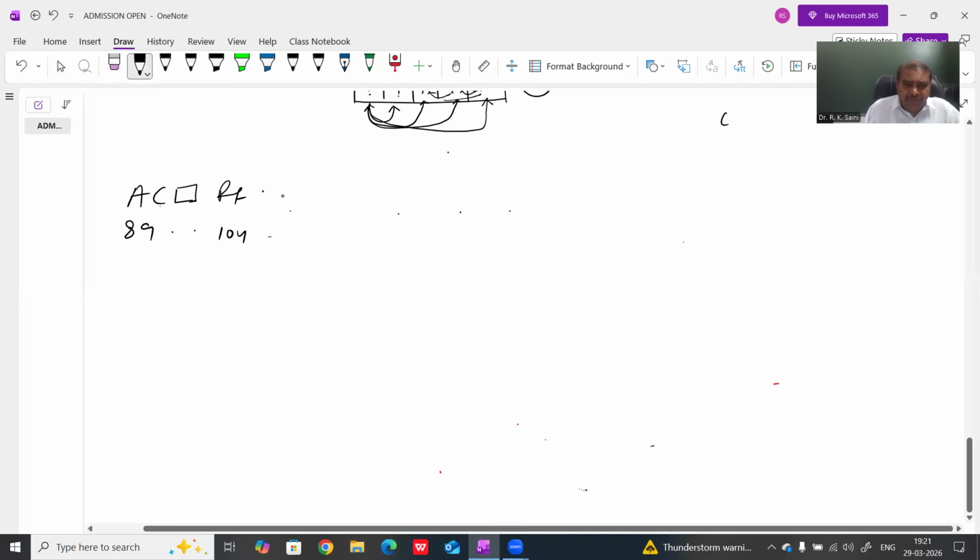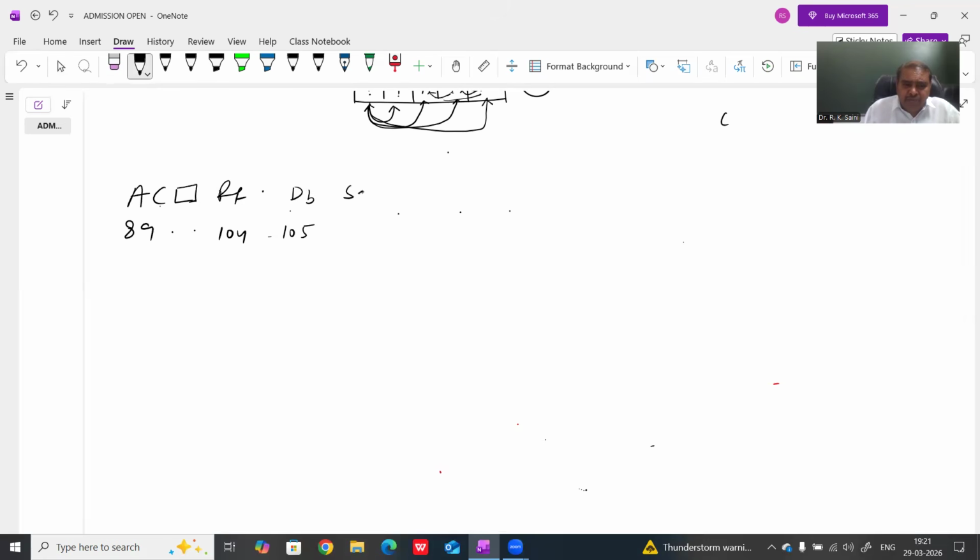Next element, dubnium, atomic number 105. Next element, seaborgium, atomic number 106. Next element, bohrium, atomic number 107.